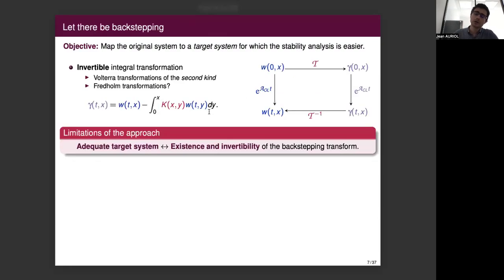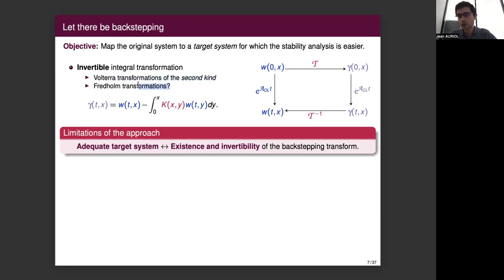So basically, for this system, when you want to design a stabilizing controller, you can use the backstepping approach. This is just a quick summary. You want to map your original system to a target system for which the analysis becomes simpler. To do so, you use a backstepping transformation, which is usually an integral transformation, a Volterra transformation of the second kind.